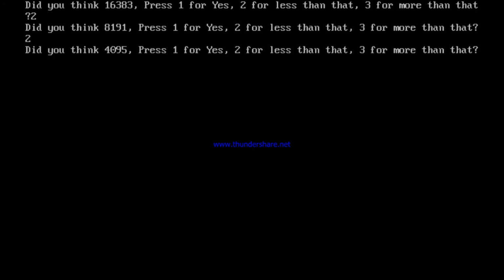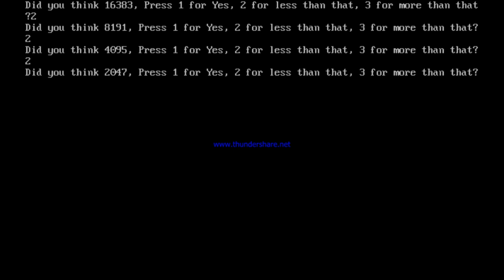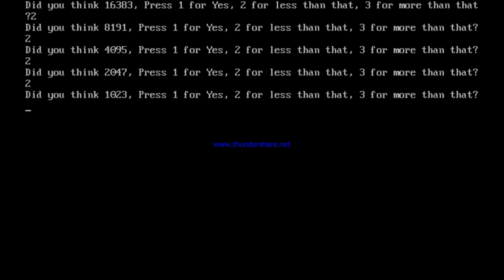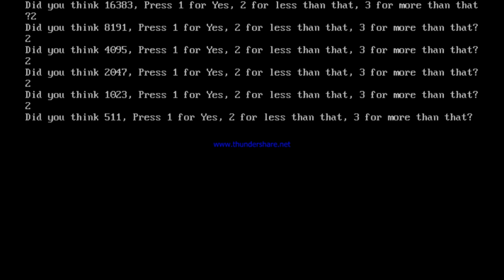Did you guess 4095? Definitely less than that, so 2. 72 is less than 4095. Did you think 2047? So 2, because 72 I have guessed is less than 2047. Did you think 1023? So it is lesser than 1023, so 2. Did you guess 511? 2 for less.